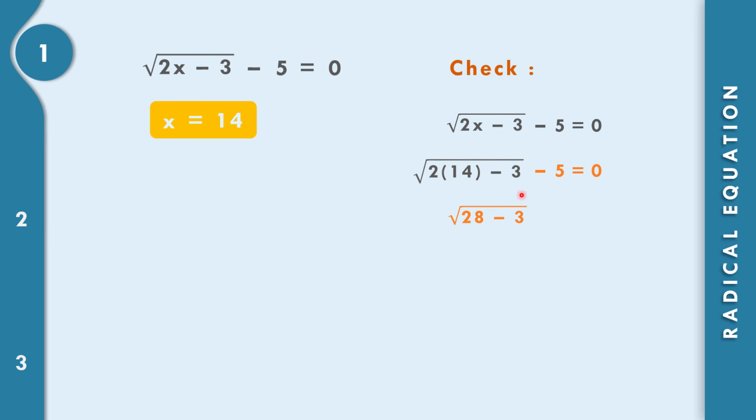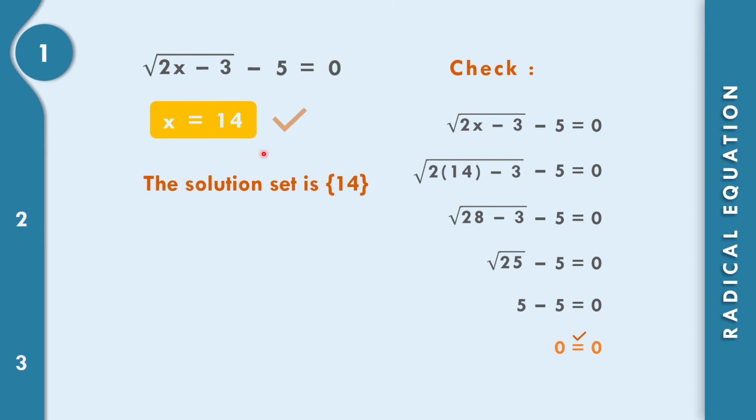So the square root of 28 minus 3 is the square root of 25, minus 5 equals 0. The square root of 25 is exactly 5, and then 5 minus 5 is 0. So 0 equals 0. The left and right sides are equal. So x equals 14 is the solution set.